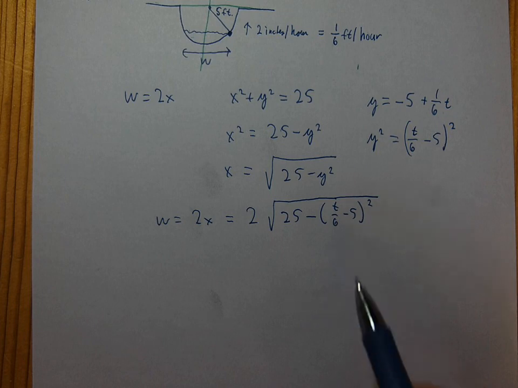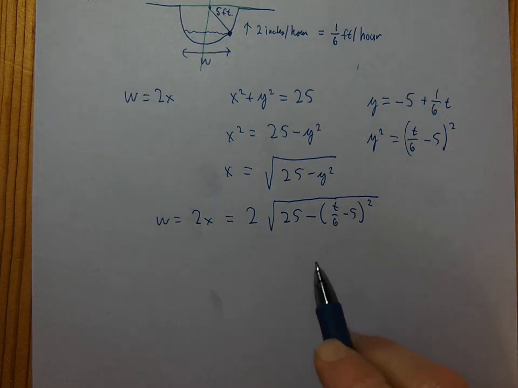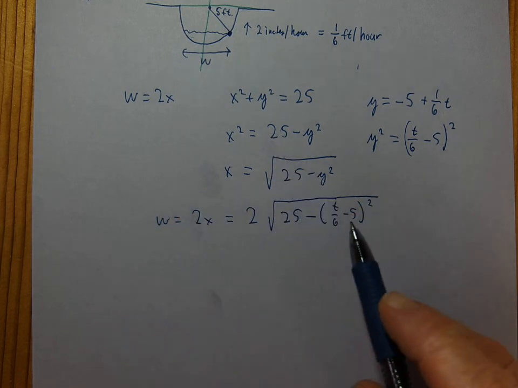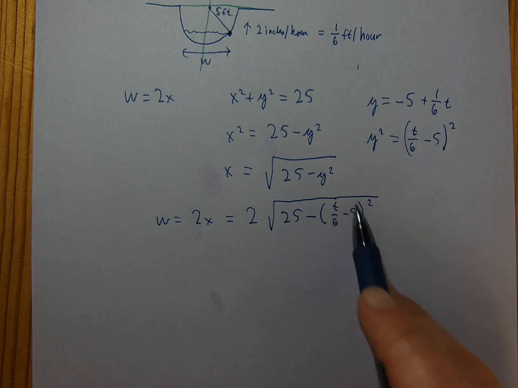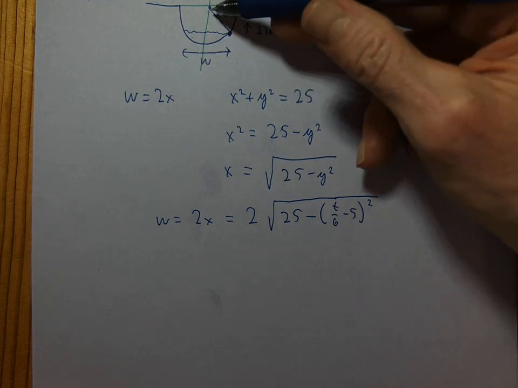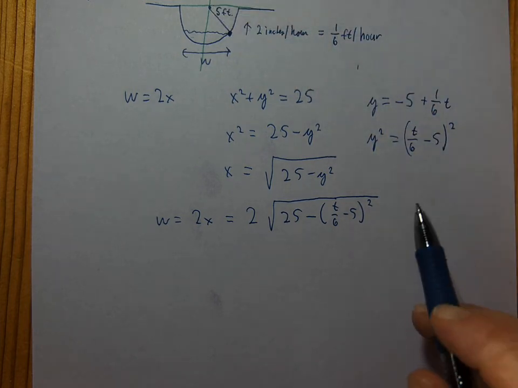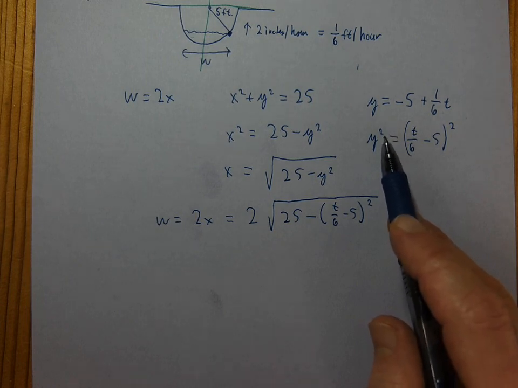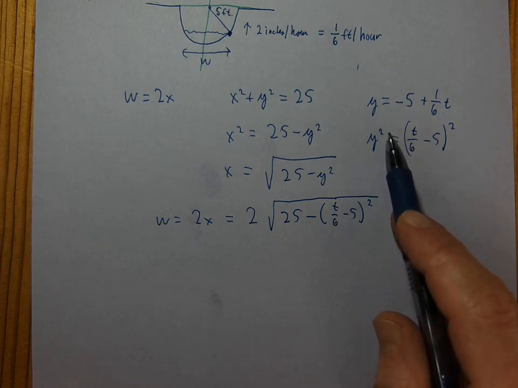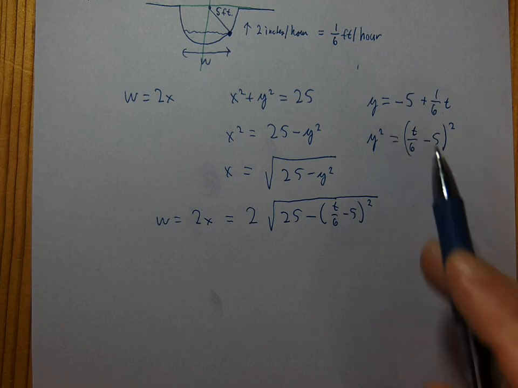Okay, so then they want us to know what the domain is and the range. Well, the domain, what values are there for t? So let's see, t starts at 0, and so when does the thing get full? When the thing gets full, then we're done. It goes 1/6 feet an hour, and after it's raised 5 feet, then it's going to be completely full, and then it overflows, and whoever cares about that. So if it goes 1/6 feet per hour, that means in 6 hours, it's gone up 1 foot.